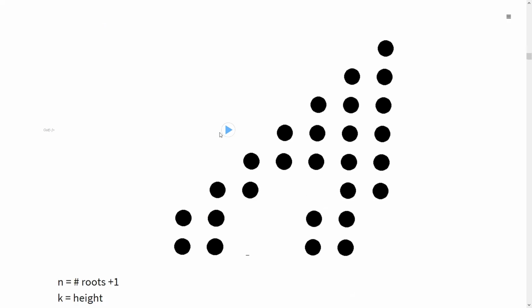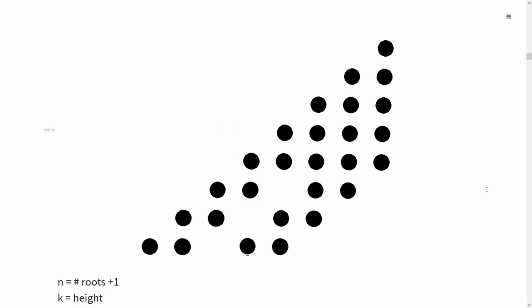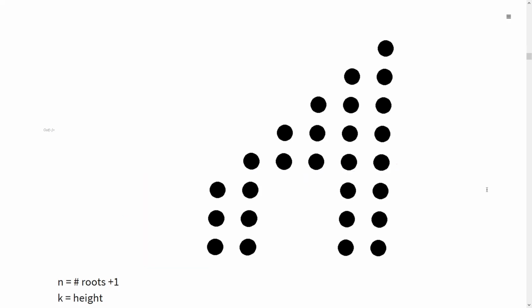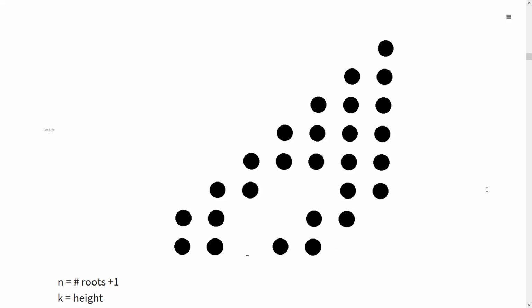So we studied a simplified case in which the chinampa looks like this, and we fix the number of roots and we fix the height of the roots, and the roots can only be made by using triangles of 2 by 2. So here n is equal to the number of roots plus 1.